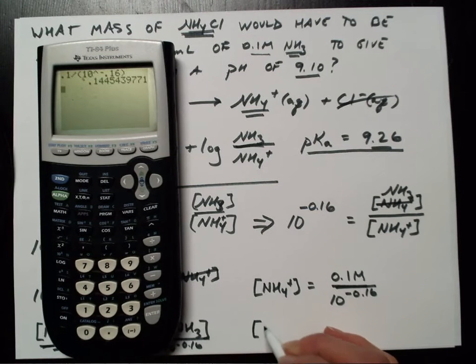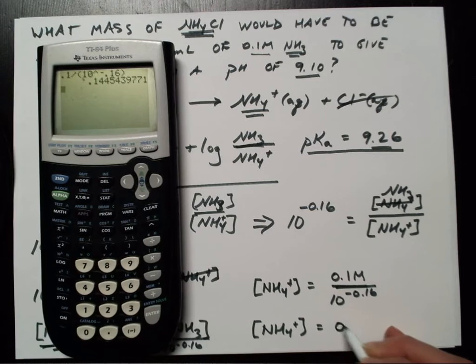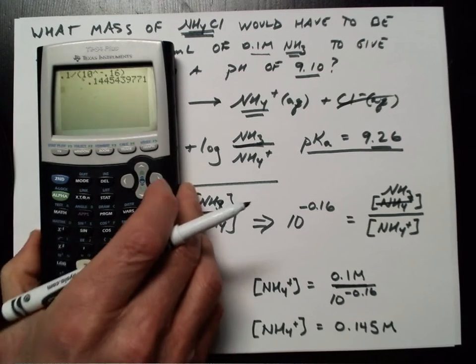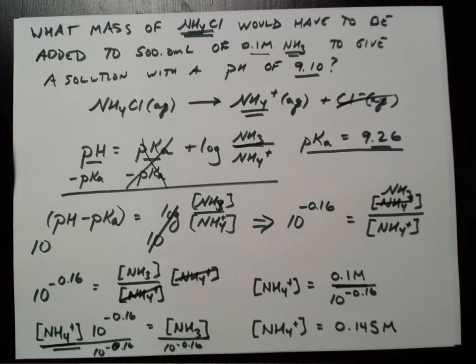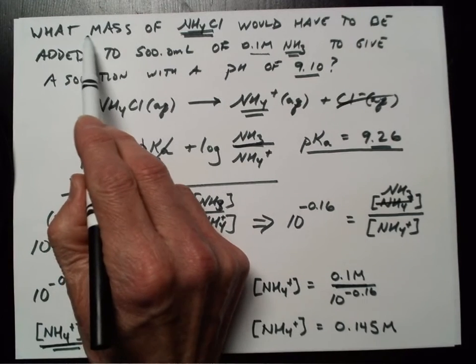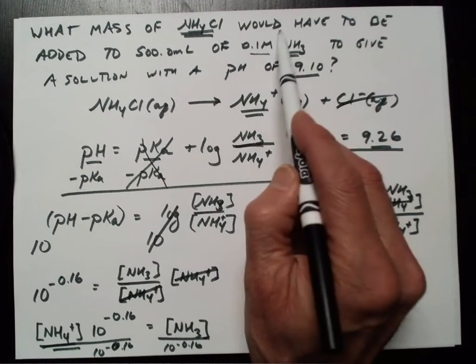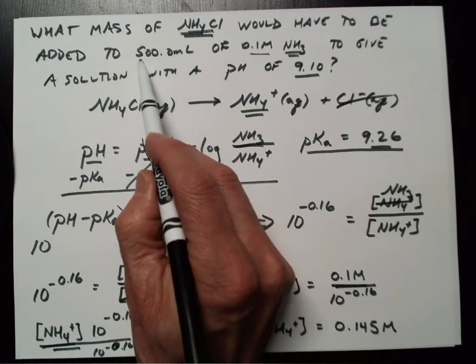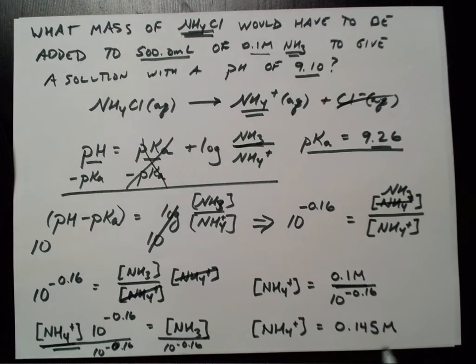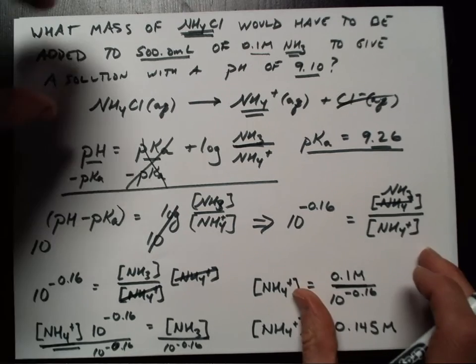So it looks like the ammonium concentration that I'm looking for is 0.145 molar. Now let's make sure I've answered the question. Oh, I haven't, because they're looking for the mass of ammonium chloride that I'm going to need to add to 500 mils, basically to give this concentration. So I'm not quite done.